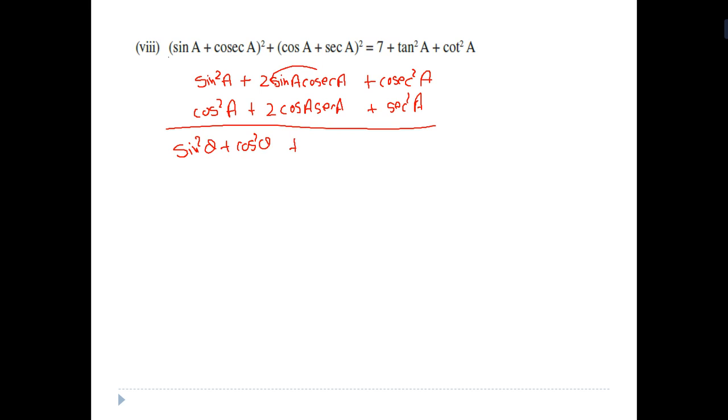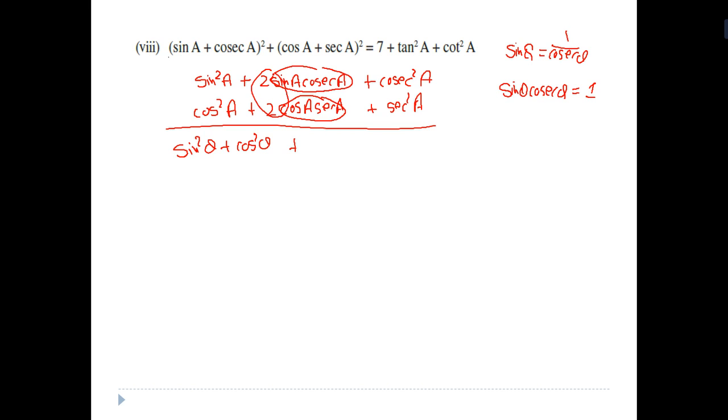Now if we add this, sin square theta plus cos square theta gives 1. Here we get 1 because sin theta is equal to 1 upon cosec theta, so sin theta into cosec theta, the answer is 1. Again here, the same thing, we get 2.